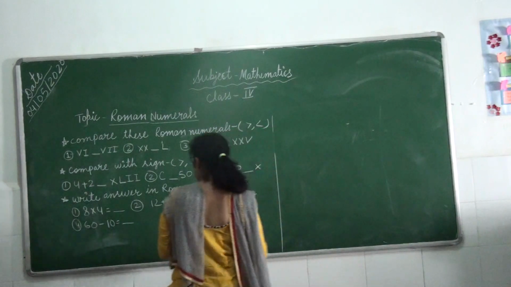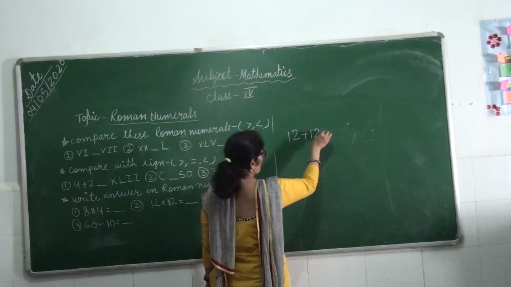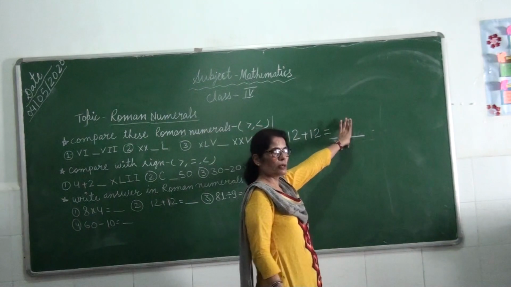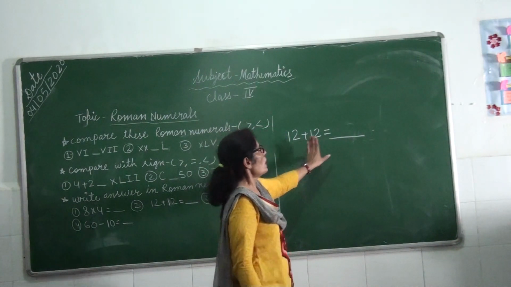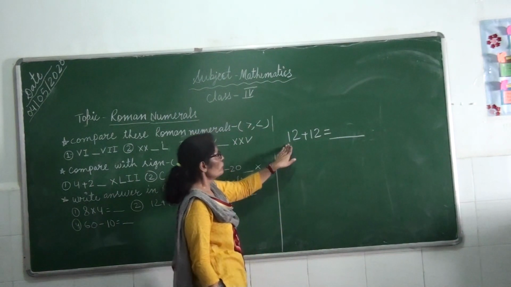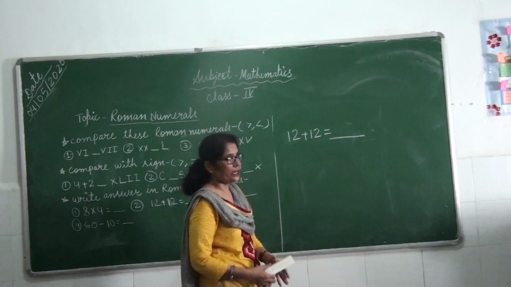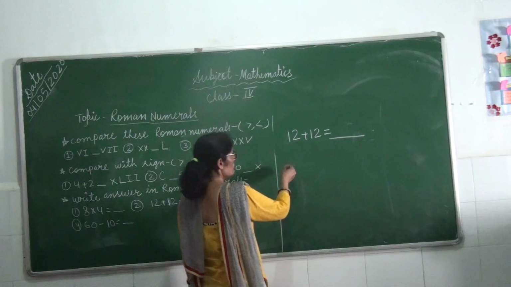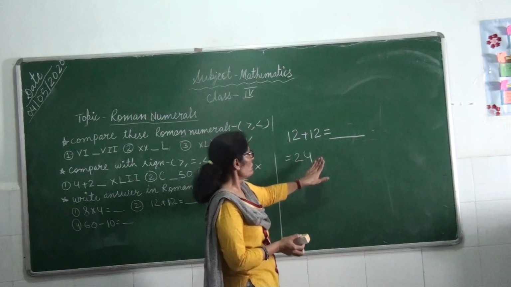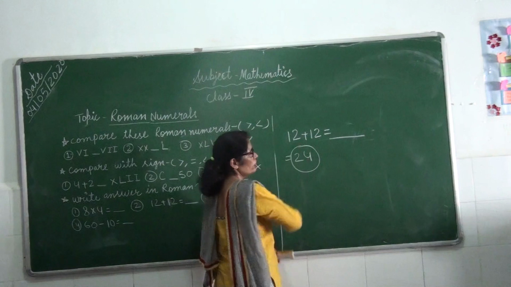Now another exercise. 12 plus 12. Now you have to write the answer in Roman numerals. जो इसका आंसर है वो आपको Roman numerals में यहाँ पर देना है. First what we have to do? We add both these numbers. हम इन दोनों numbers को क्या करेंगे? ऐड करेंगे. 12 plus 12 equal to 24. Then this 24 we have to write in Roman numerals.